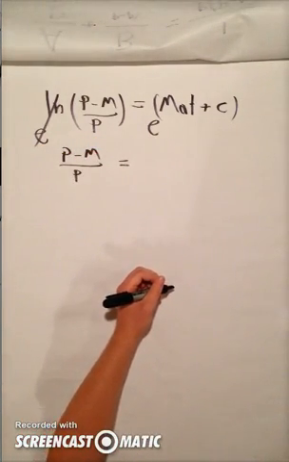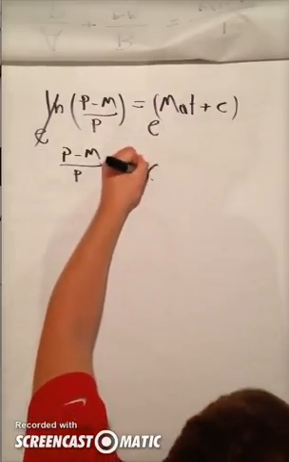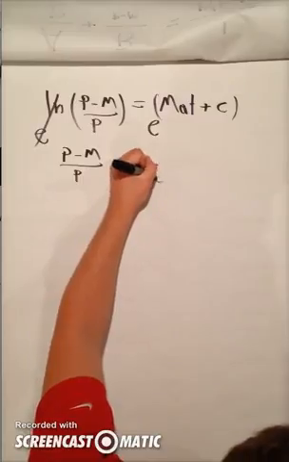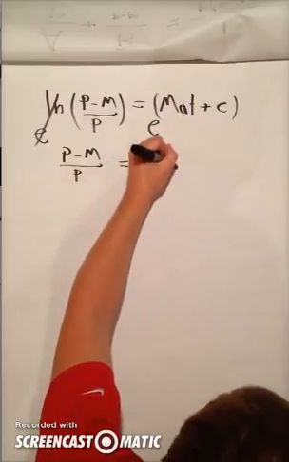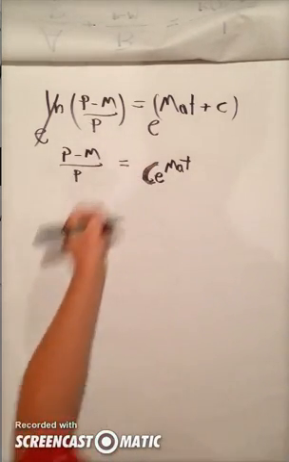We can do this because e to the C is basically just an arbitrary constant.